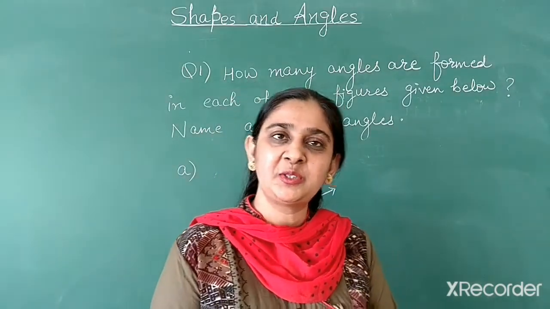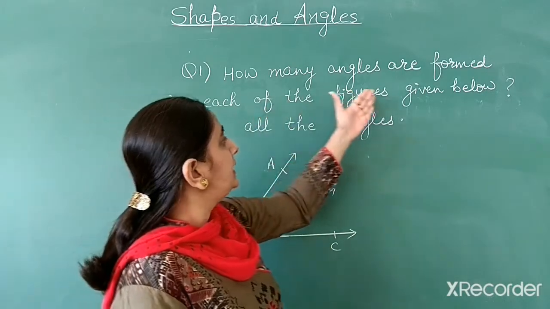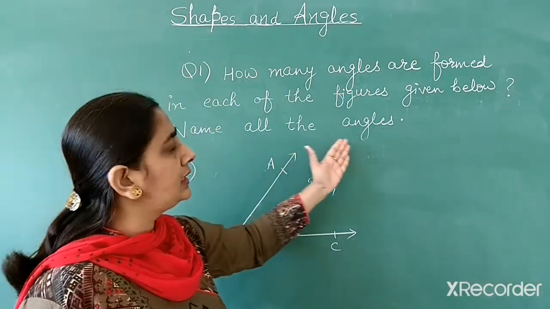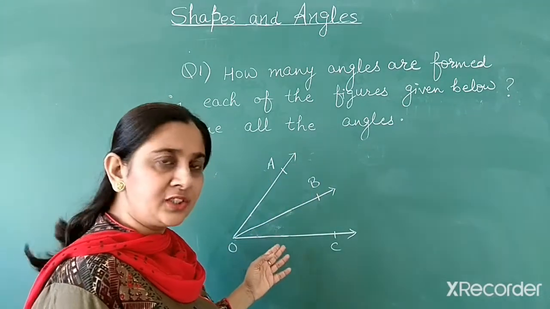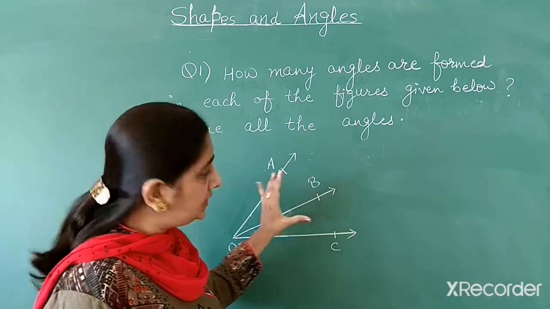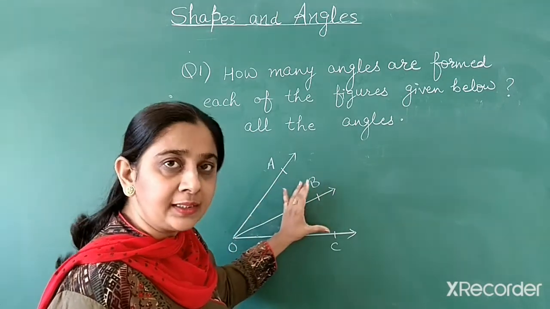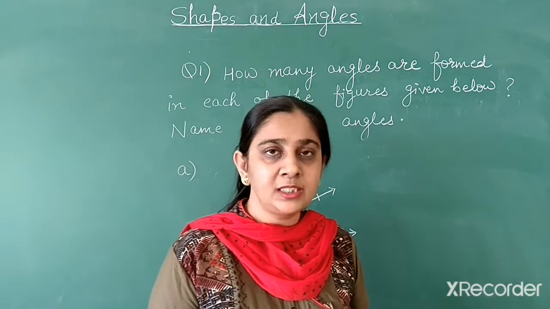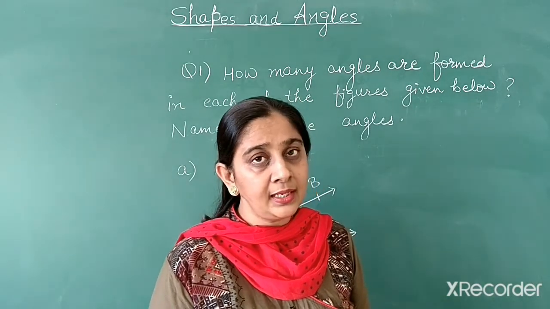Now, children, our first question is, how many angles are formed in each of the figures given below? Name all the angles. Now, look at this figure, children. Basically, look at the interior part of this figure and tell me how many angles are there. You know, when two rays are meeting at a common end point, they form an angle.